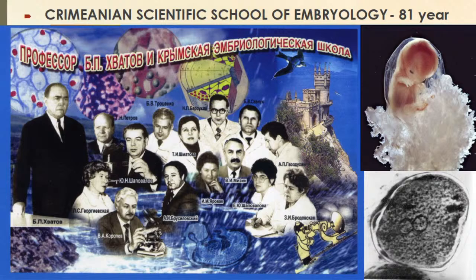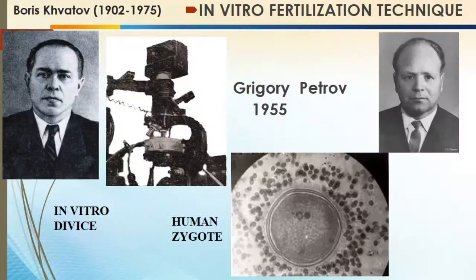All these people provided long embryological investigations and described all stages of human development, from the early stages, 17 days of development, when the embryo is named Crimea, to the methods of in vitro fertilization technique. The method of in vitro fertilization technique was proposed by the famous Professor Boris Khvatov.